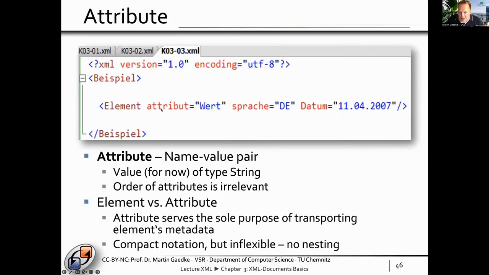Here this attribute has the name Attribut, this one has the name Sprache, and this one has the name Datum. There are good reasons for having attributes, so putting the value into the context of an attribute, or putting the value into the context of the content model. Both might be okay, both might be good. In the end, the most important thing is that it's up to the author, and we will see which of these two decisions makes more or less sense.